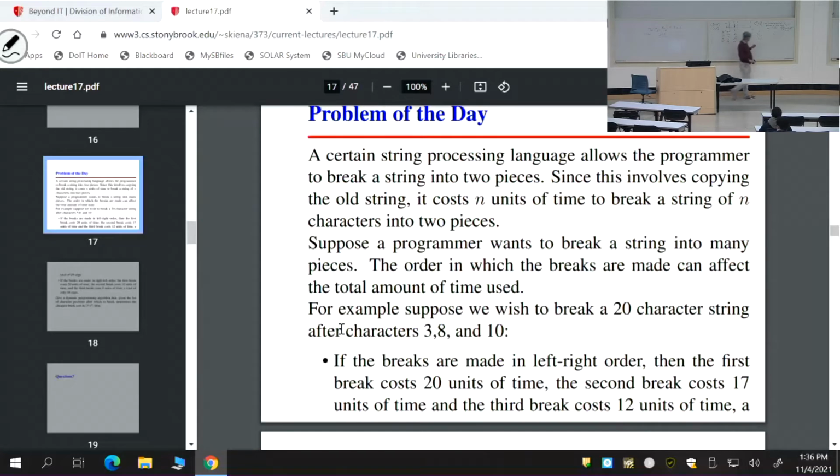Does everybody agree that it's P of j minus P of i? That is going to be the length of the cut. The cost of cutting the stick, right? Kind of the weight of the stick that I currently have. Okay? So this is going to be the cost of the cut.